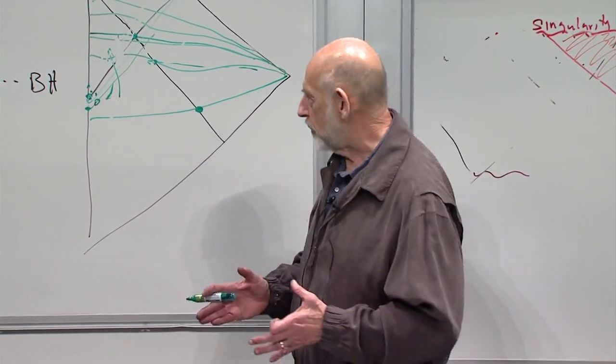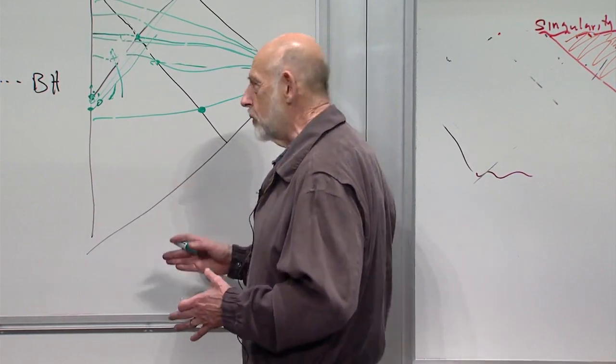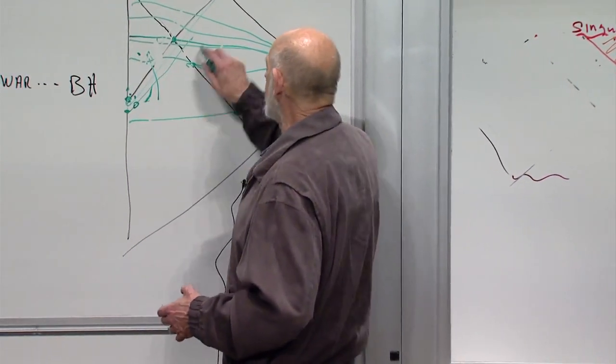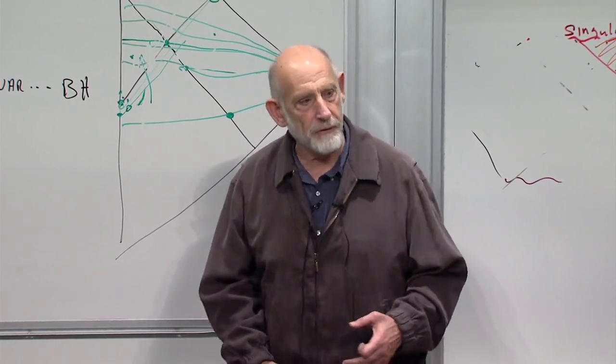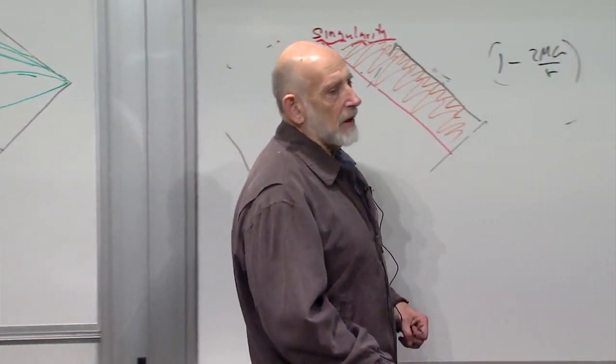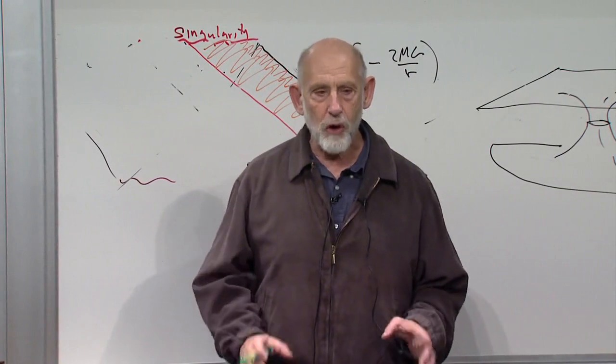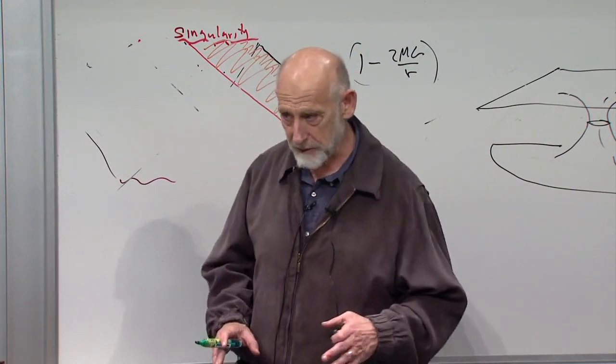What signals can propagate? Who can send a signal to whom? Can a signal from Allison here get to Bob out here? The technical language would be that it reflects the causal structure, cause and effect.